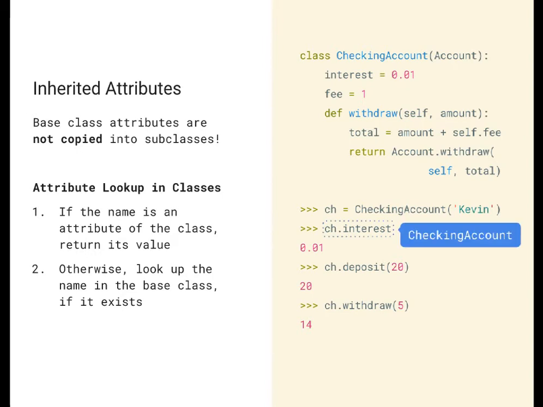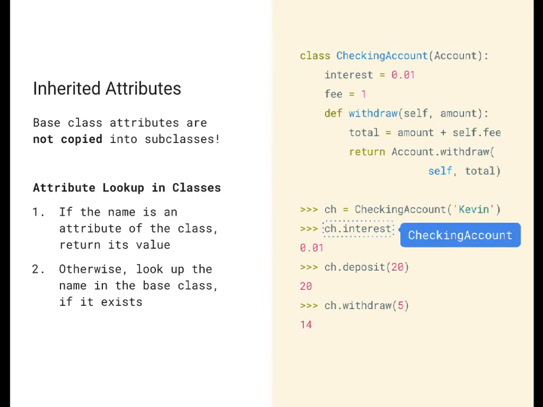So just to go over where all these things are found, when I created the checking account CH, when I try to look up ch.interest, I follow the rule for looking up attributes of instances. If I can't find it in the instance for CH, I look in my class. So I look in the checking account class, which has interest 0.01.